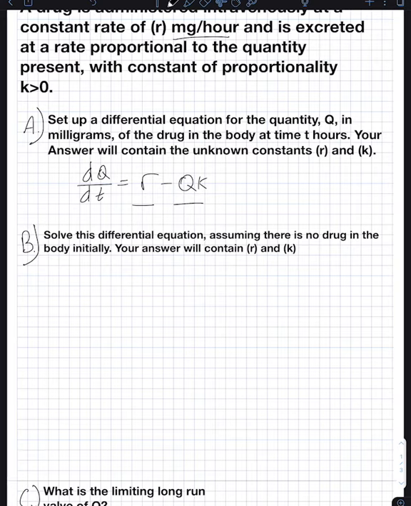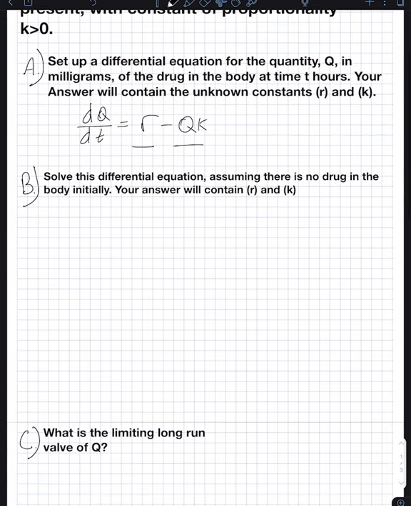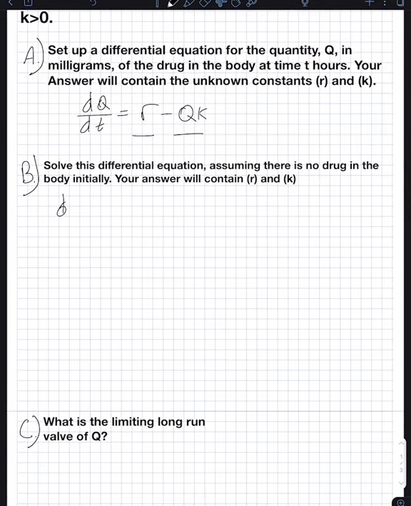Now we can solve this differential equation. All we have to do is turn the right side into a product so we can bring the Q over to the other side and separate the variables.